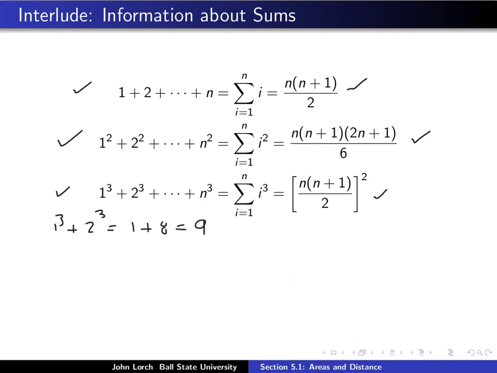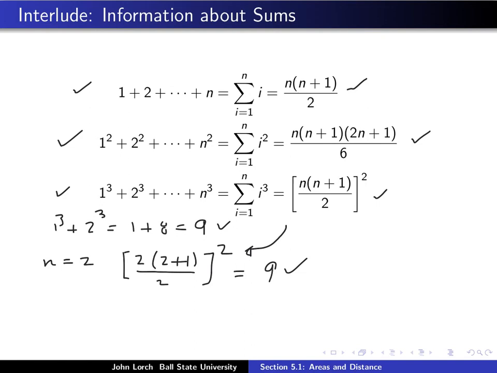Well, in this case, n is equal to 2, right? We're stopping with 2 cubed, so n is equal to 2. If I take 2 times 2 plus 1 divided by 2, and I square it, right? That's what this formula here is telling me to do. Well, what do I get? Well, I get 1 times 3 squared, which again is 9. Okay, so when n equals 2, this bottom formula works.